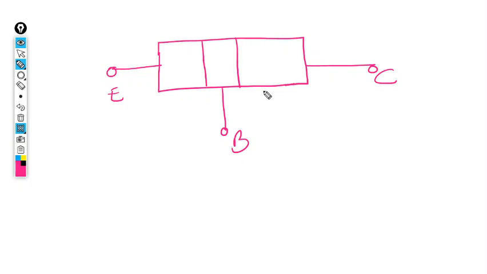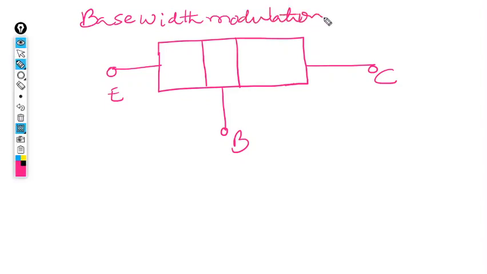We can find this base width modulation when the collector junction is reverse biased. Here we can find the collector junction. So this is the emitter. Let us take a PNP transistor.